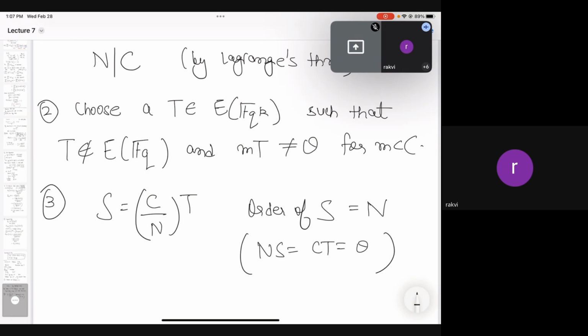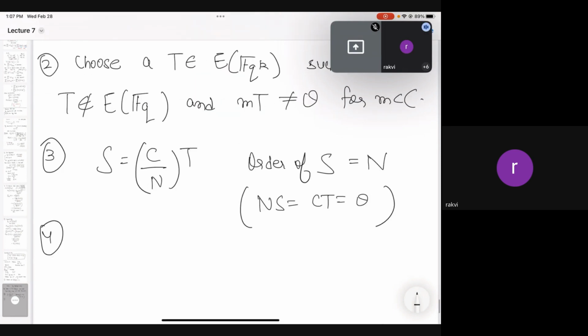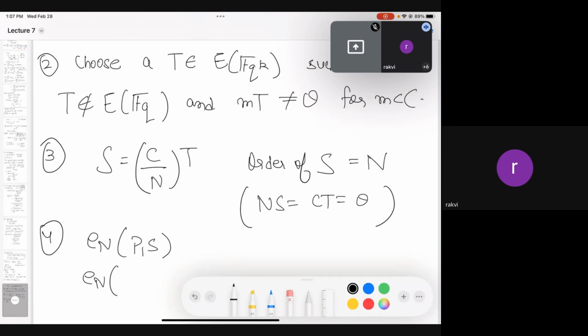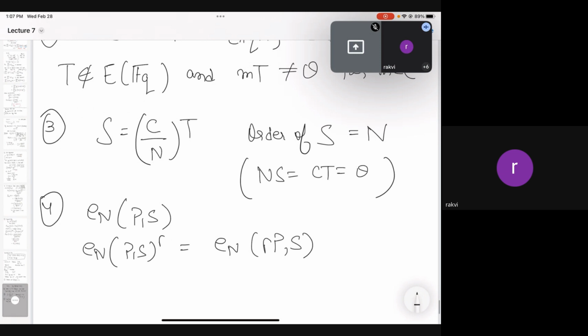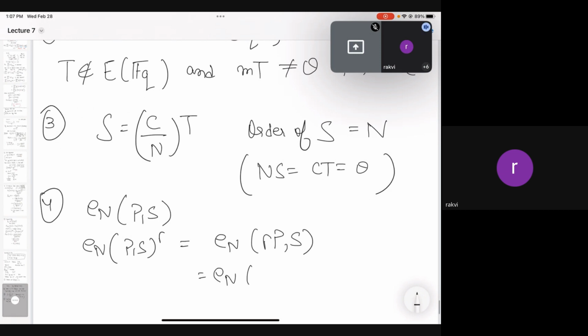Now, the last step is simply to observe that if I take e_n of (P, S), and raise it to the power of r, because of its bilinear nature, this is simply e_n of (rP, S), and this is simply e_n of (Q, S).